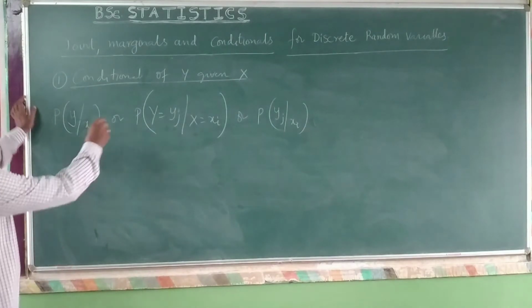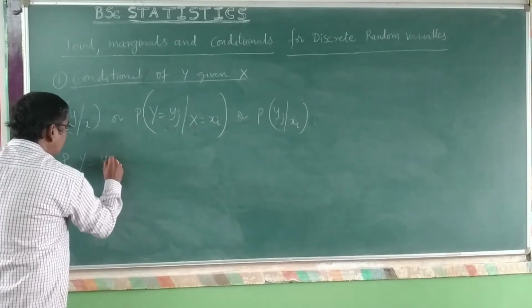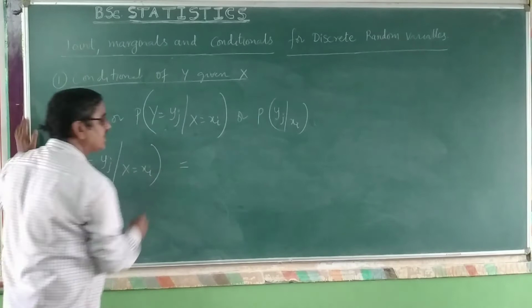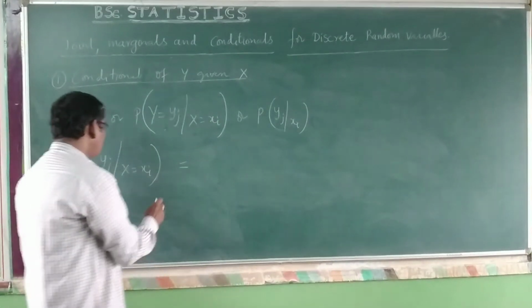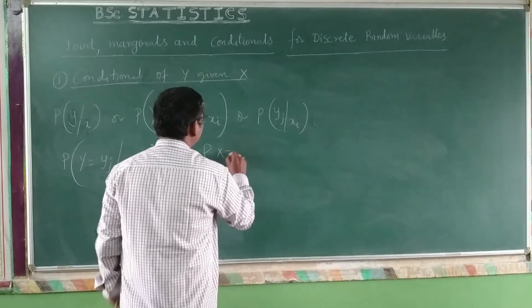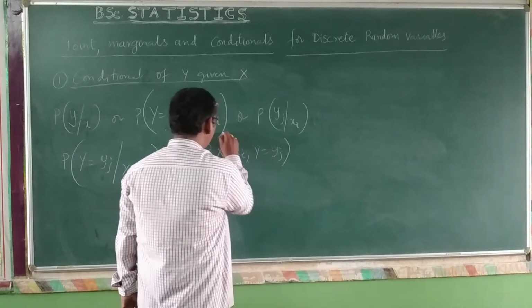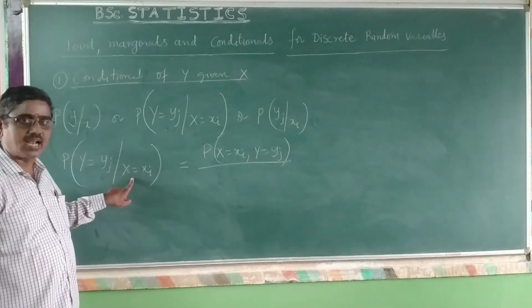So if we want to define it, I consider this one a general one. Y is equal to yj given x is equal to xi is going to be defined with the help of the joint as well as the marginal. Consider the joint, that is x is equal to xi, comma y is equal to yj. Now the marginal of the given condition is x is equal to xi.